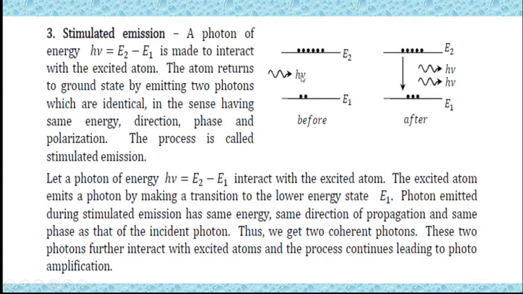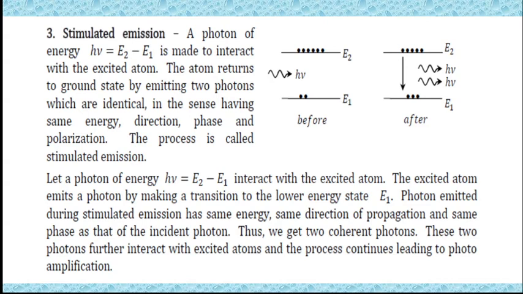During the process of stimulated emission, when an atom makes a transition from higher energy level to lower energy level due to the stimulation by the interaction of electromagnetic radiation or a photon, two identical photons will be emitted.